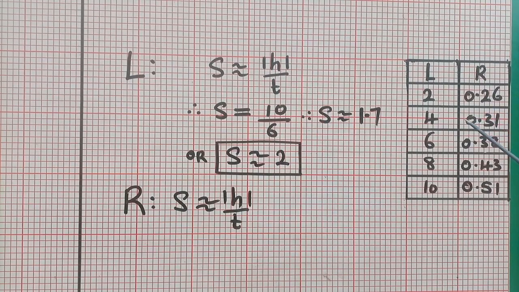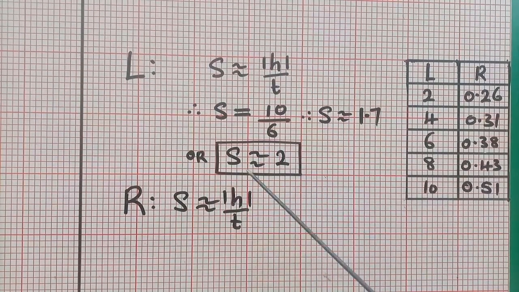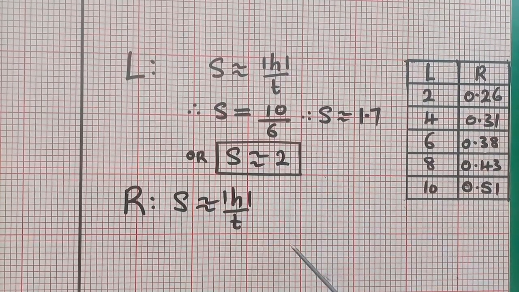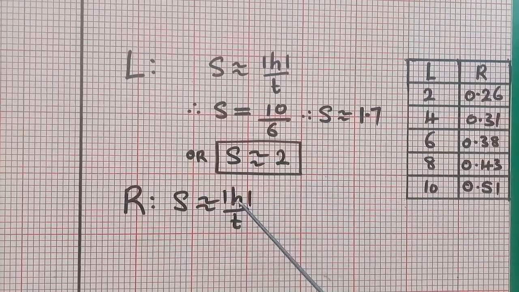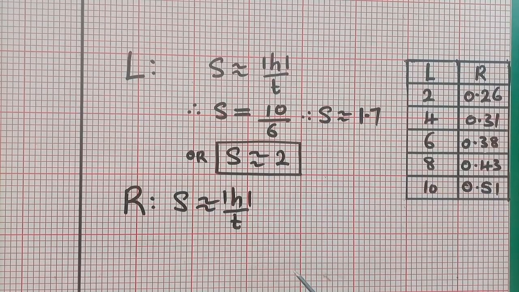Look at this table again. In this r column, what is this h? That is, which figure has the highest magnitude? Is this 0.26? No. It is 0.51. That means that what we're going to write in place of this h is 0.51.